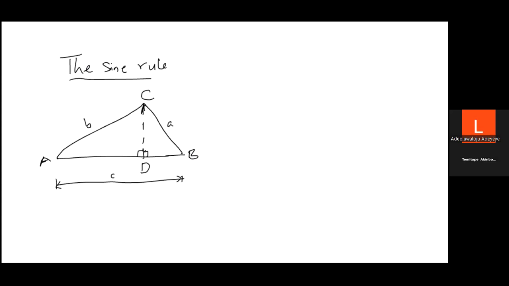So from the trig ratios that we just looked at, I'm considering this angle now. Let me shade it with another color.